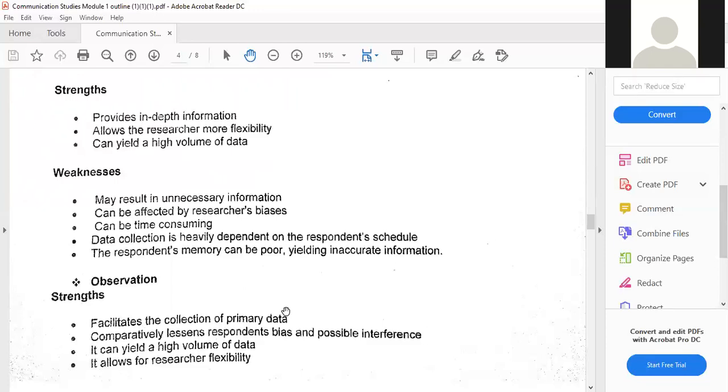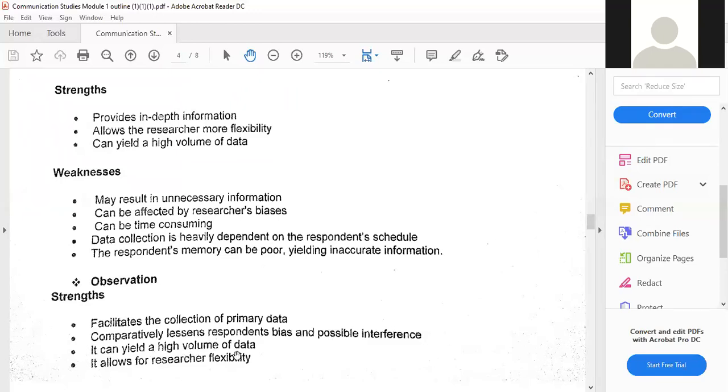It's kind of a weak strength. Comparatively, it lessens respondents' biases and possible interference. So you might have biases involved, but it is a limited amount of bias. It's highly unlikely to have a fully biased observation.